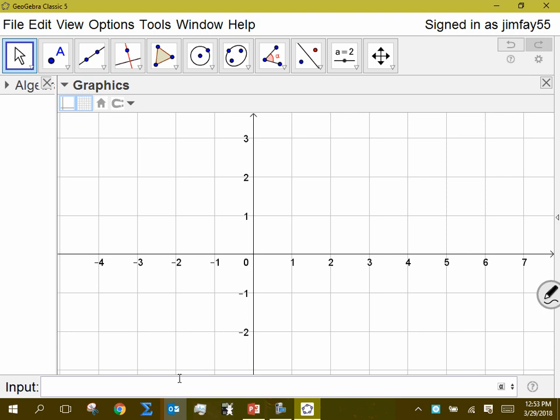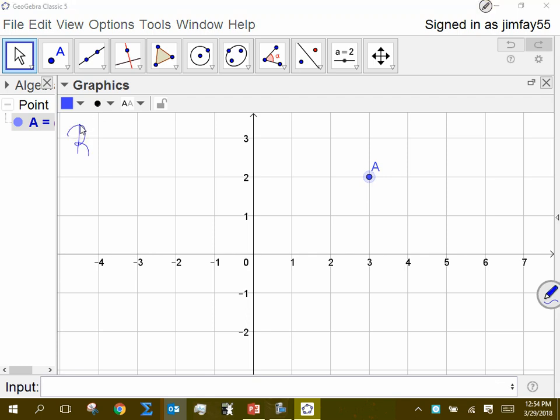There are some, though, that are okay. Let's say, for instance, I start with A at, let's just say, 3, 2. Let's go reflection on the y-axis, and then composed with reflection on the x-axis of just point A. So reading this backwards from the right to left, we're going to do that first, right? Reflect on the x-axis.